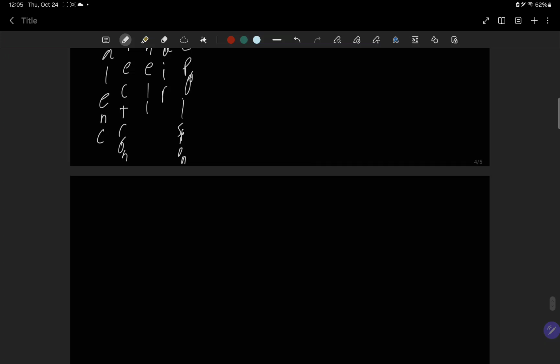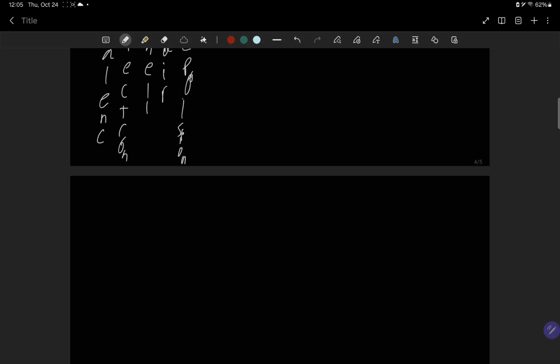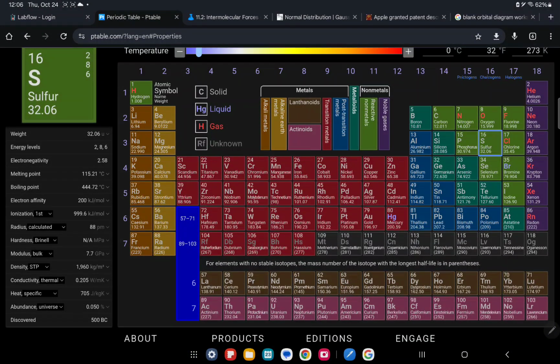So let's go with, let's say, sulfur. Again, it's going to want to have 8 electrons in its outermost shell. So sulfur currently in a stable state has, let's see, 3, 4, 5. It has 6 valence electrons. That's just going to be all the electrons in its outermost shell.